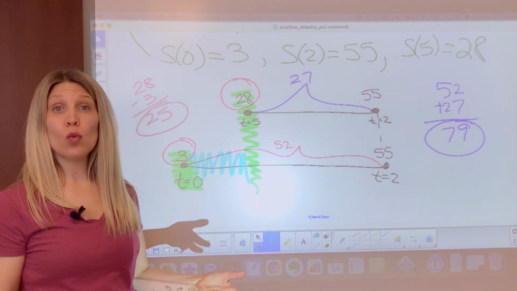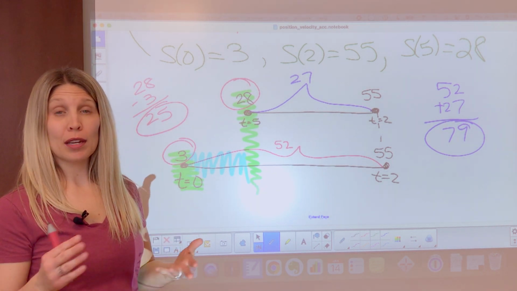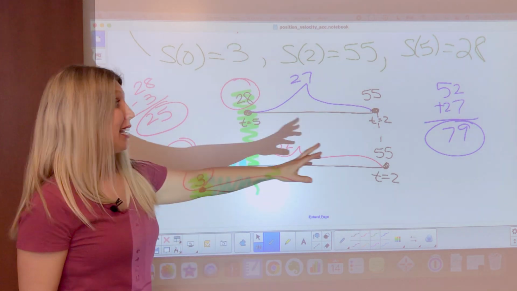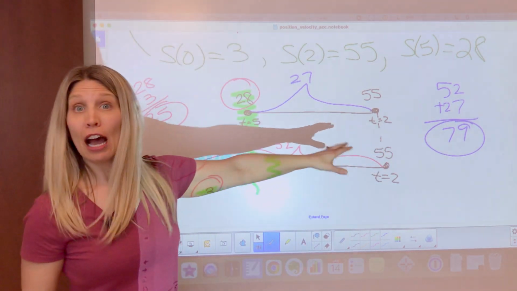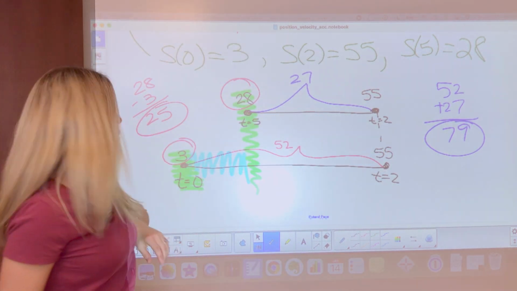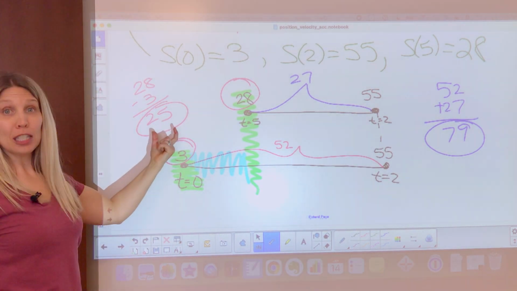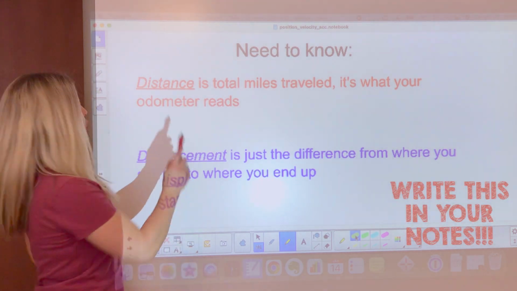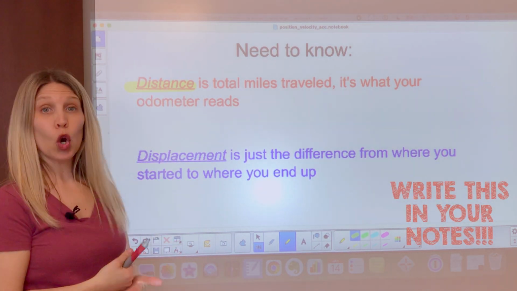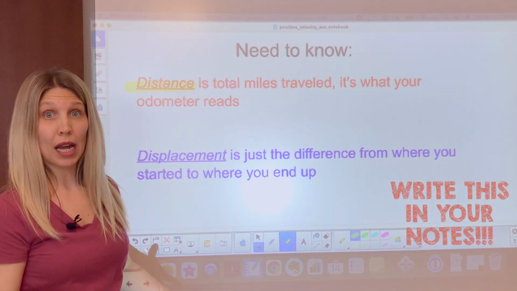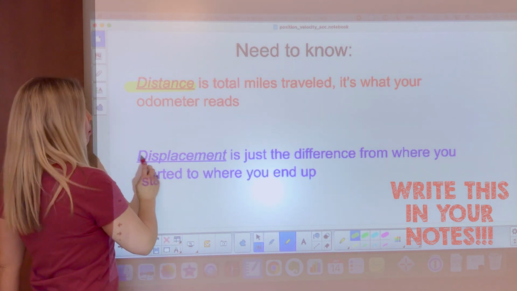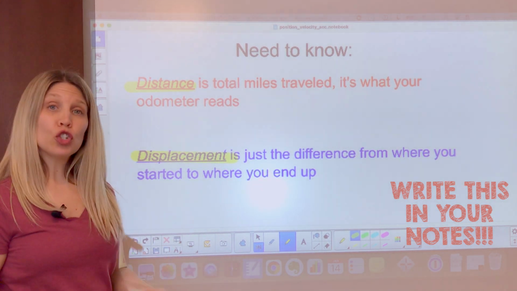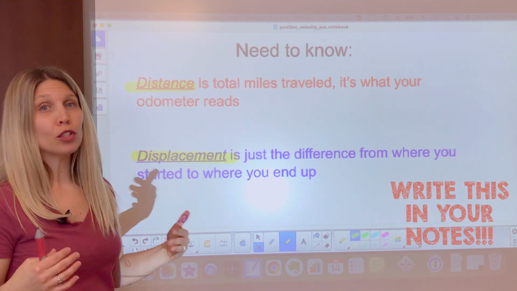So either way that you want to do it is totally fine, but know the difference between distance, how far total did you go with your odometer, and displacement. Here's a quick thing to put in your notes. Make sure that you get that distance is the total miles traveled, is what your odometer in your car would read, okay? But displacement is just the difference from where you started to where you ended up.